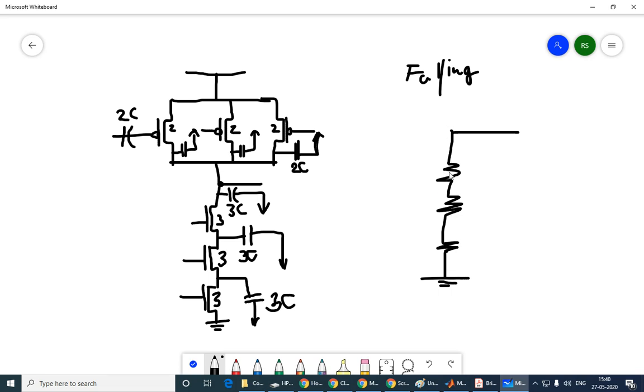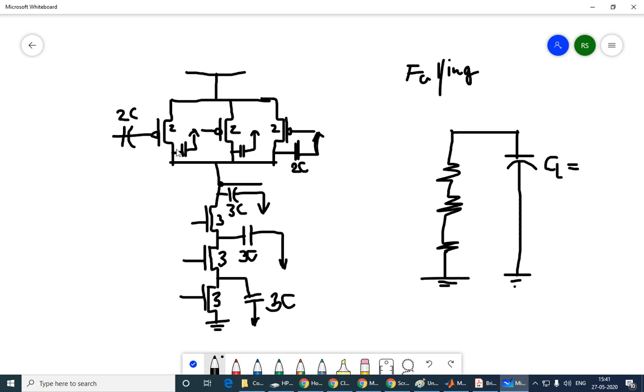To find out the equivalent network, I have to mark the value of the load capacitance. And load capacitance, like we did before, is just the sum of all the capacitances that are connected to the output node. So I have to look at not just the pull down network, even though I'm doing falling. These capacitances of the pull-up transistors are connected to the output node, so they also have to be considered as part of the load.